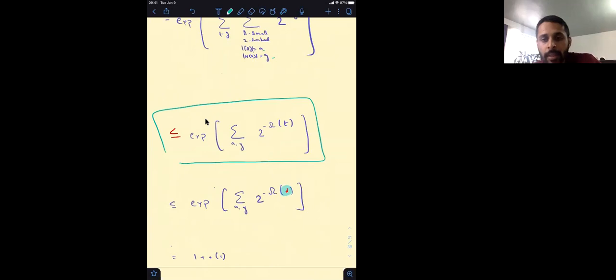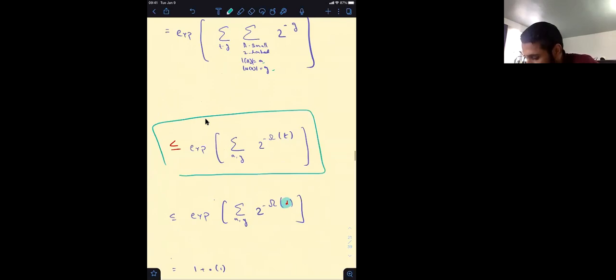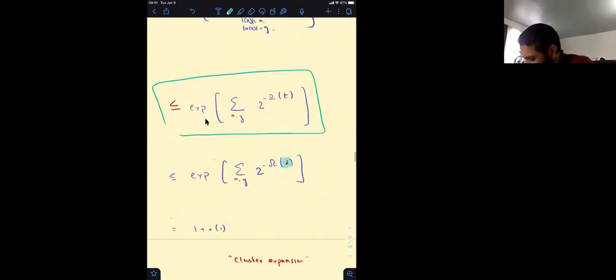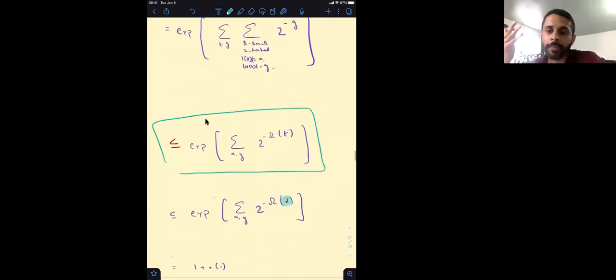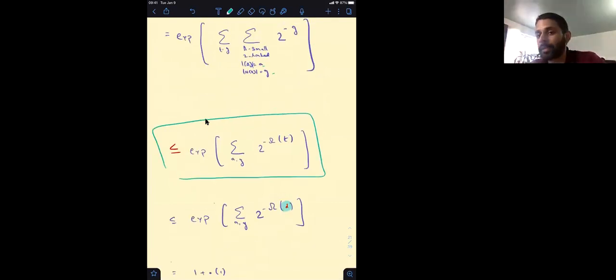These types of computations are not really supposed to be clear, but they are very well understood. These are the first few terms in the so-called cluster expansion. I'll talk about this a bit more later, but what we are essentially doing with this computation is looking at the first few terms of what's called the cluster expansion of some function.